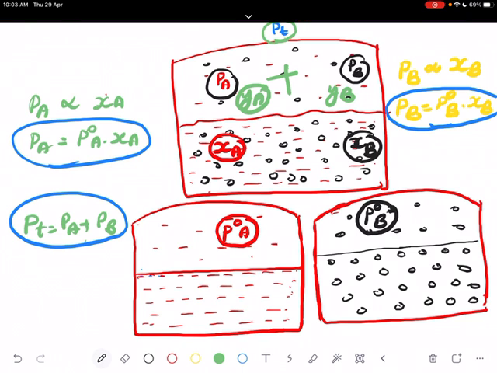So one more thing I can write: PA is equal to YA P total. That we learned last year. Similarly, PB is equal to YB P total.